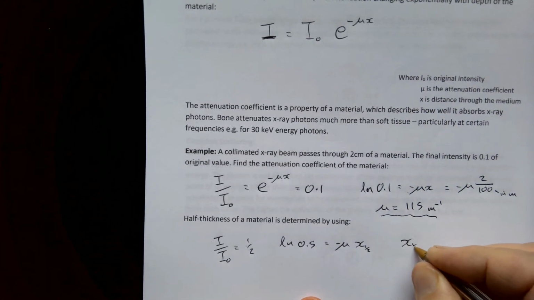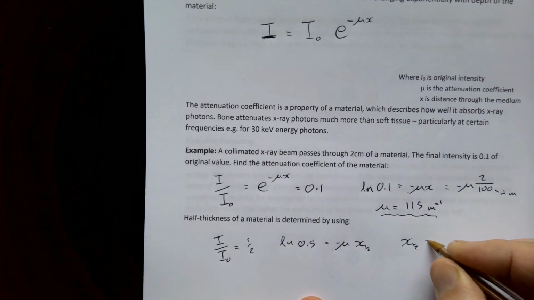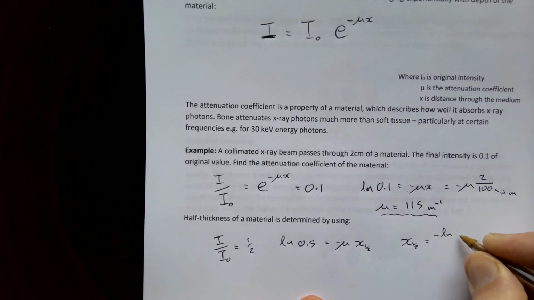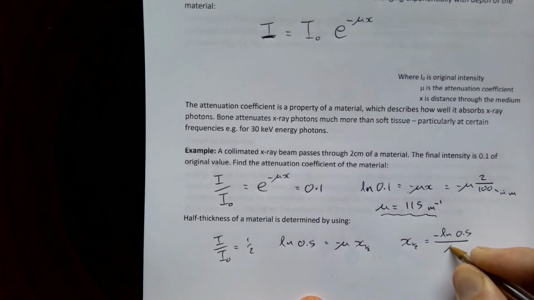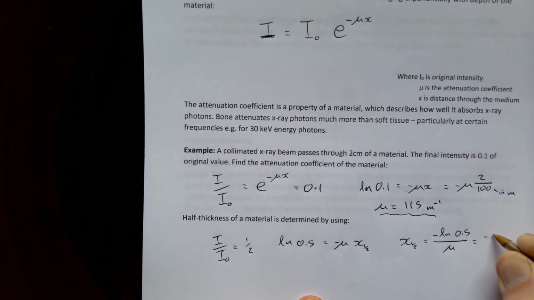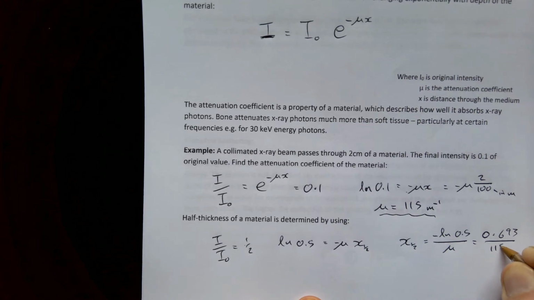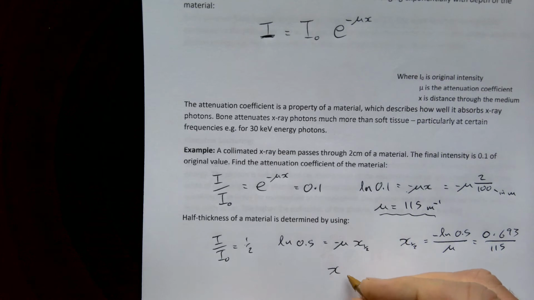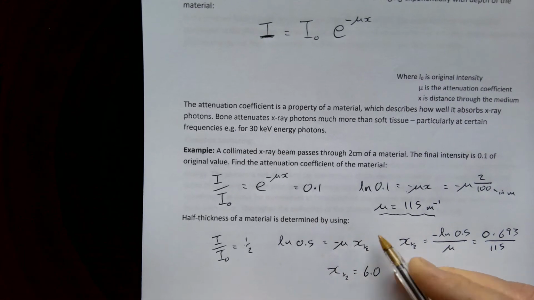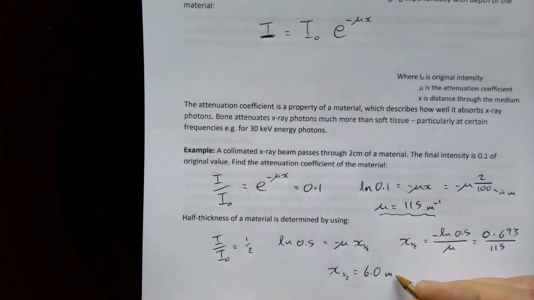So x half for this material is going to equal minus log of 0.5 divided by mu, so 0.693 over 115. So for this material that we have here, you'll find that half thickness is much more user-friendly, rather than this value, which is about 6 millimeters.